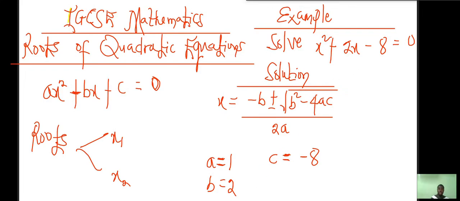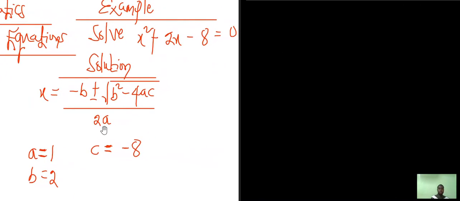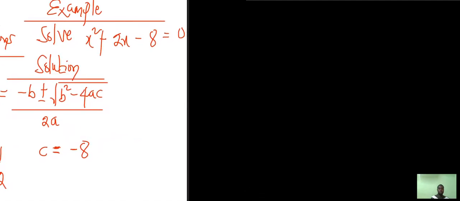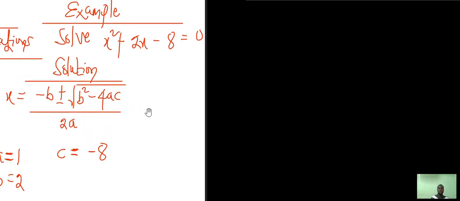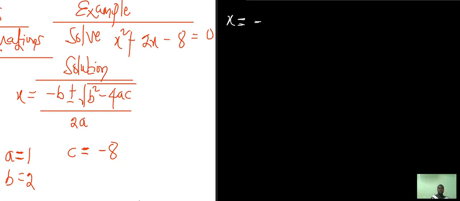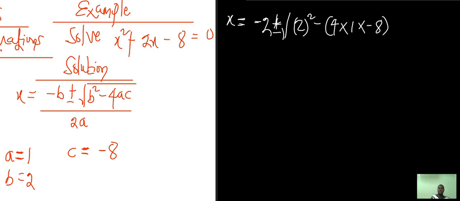Now let's provide the solution to that quadratic. The formula is x equals minus b, so let's apply that formula. x equals negative b, b is 2, plus or minus square root of b squared, that's 2 squared, minus 4, a is 1, c is negative 8, divided by 2a.